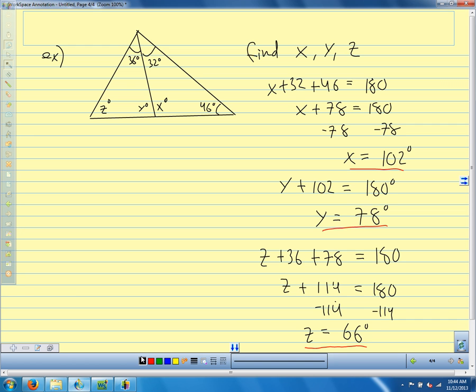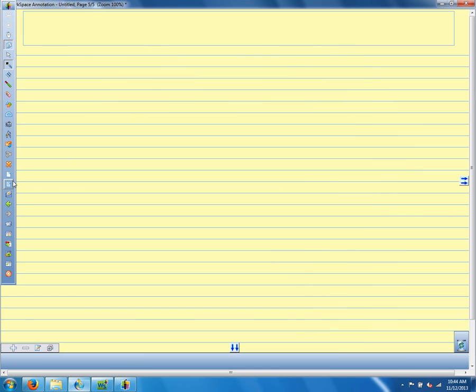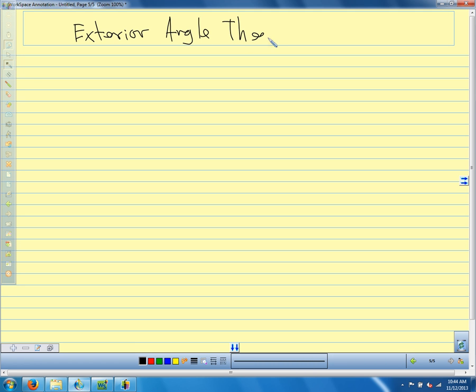All right, let's talk about this thing that we've seen here a couple of times, that this and this are the same. That is called the exterior angle theorem. So let me draw a picture, and we'll talk about some vocabulary.